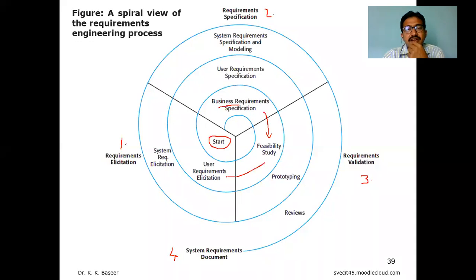Once it is done, it goes to the next step in the iteration, the user requirement elicitation. User requirement elicitation we already discussed in the last classes; it deals only with the abstract way, who is involved here, what roles are available, and how you are going to do that. Those things come under user requirement elicitation.